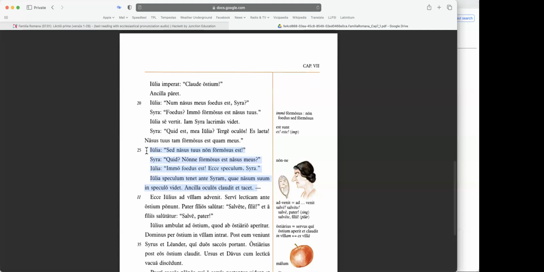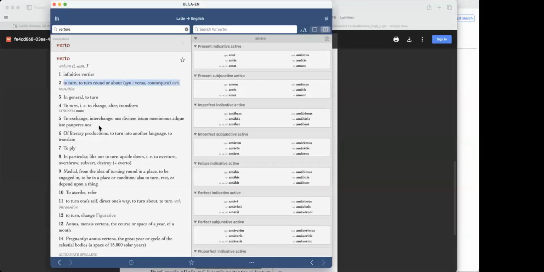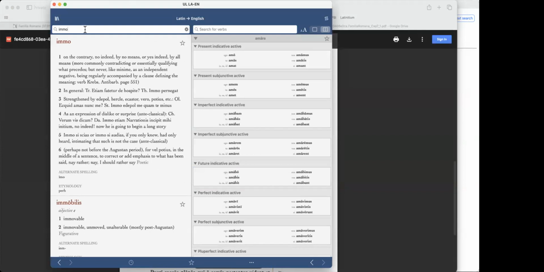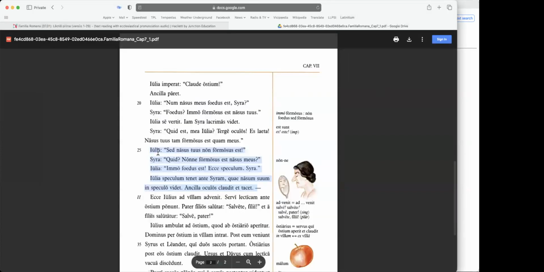Yeah, I don't think we have a good synonym. Let's see if the dictionary has a really good one. On the contrary, no, indeed, by no means. See, we've got to do it by a phrase. Well, that's the best, so we'll just leave it at that.